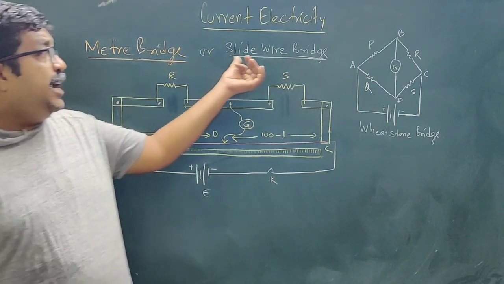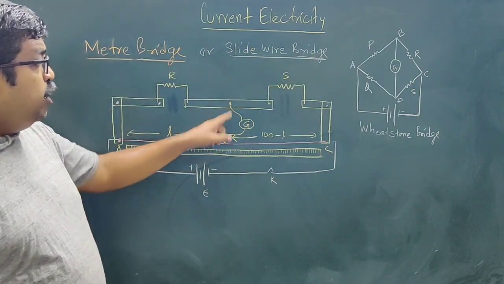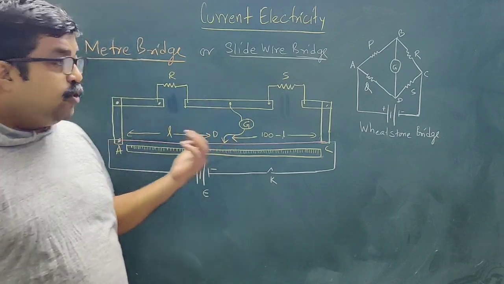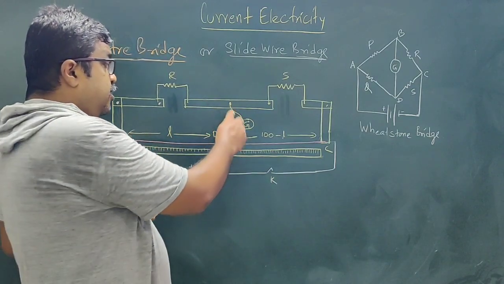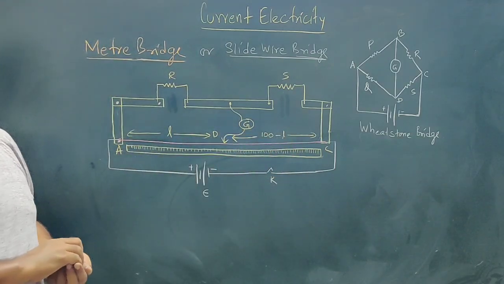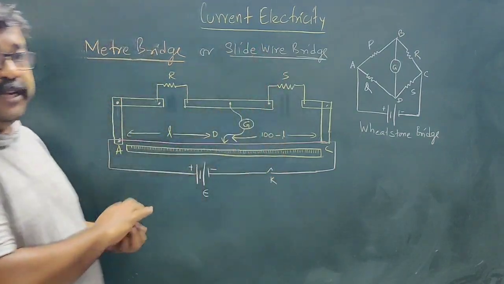Now the name slide wire bridge is because here we are going to slide a jockey, a device that slides over this 1 meter long wire. So that term slide wire has come from that.